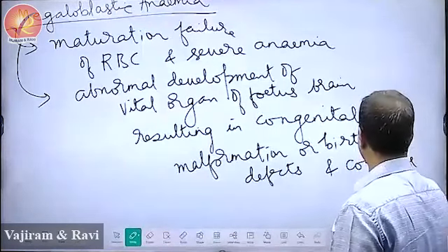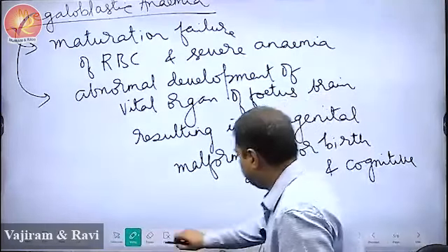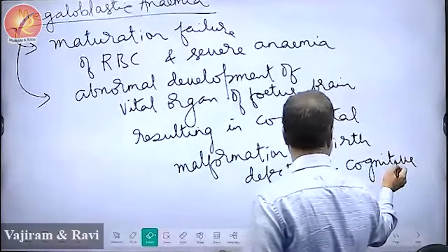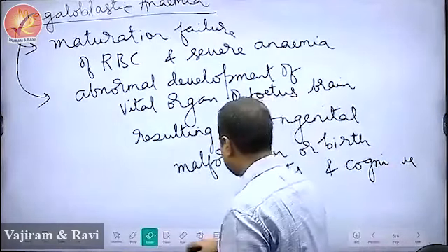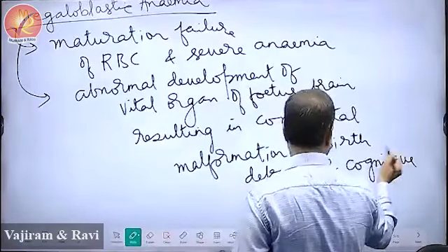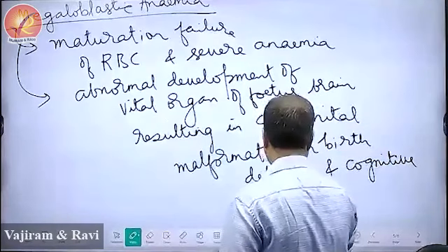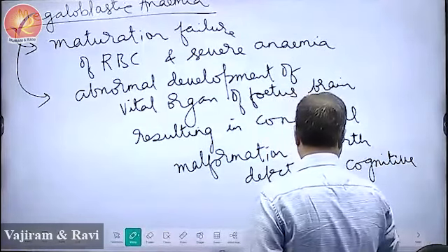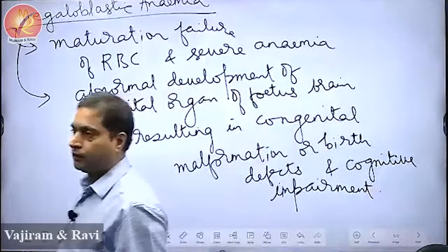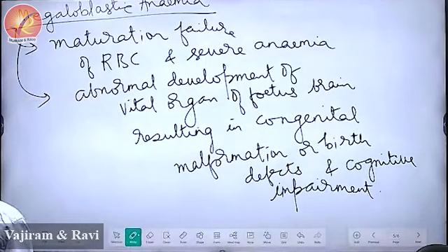And cognitive impairment. Cognitive impairment means here the ability to think and reason will be affected permanently.